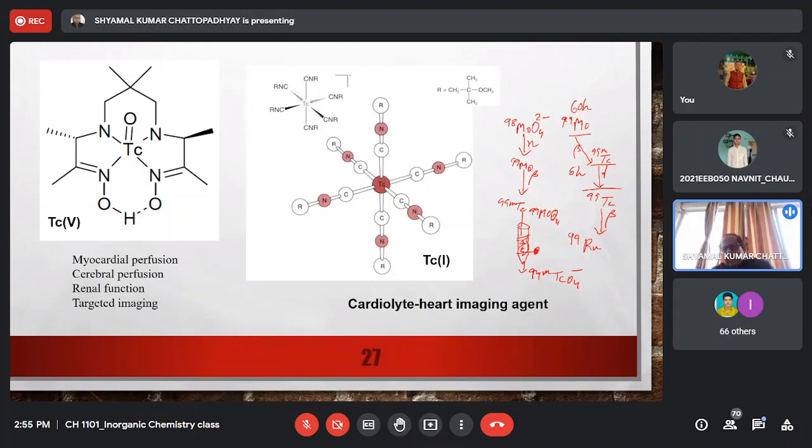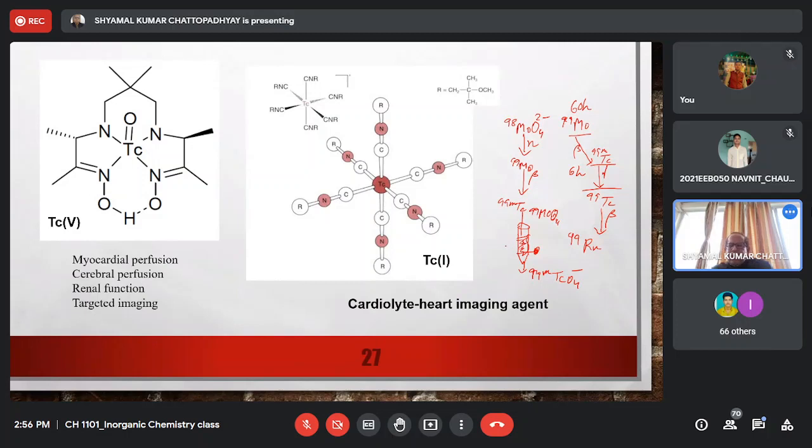So molybdenum is stuck here, and the technetium comes out when you elute the column with saline solution. The pertechnetate comes out, and the patient is treated with it, or you can use this technetium for a variety of purposes. Now, this pertechnetate can be used directly for radioactive injection.